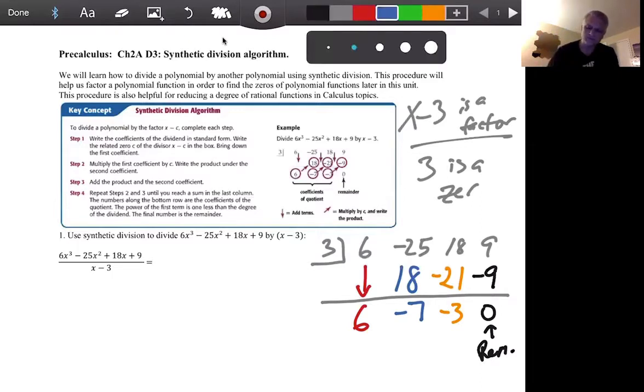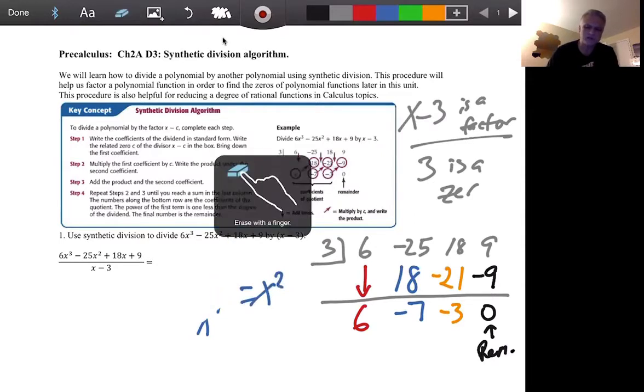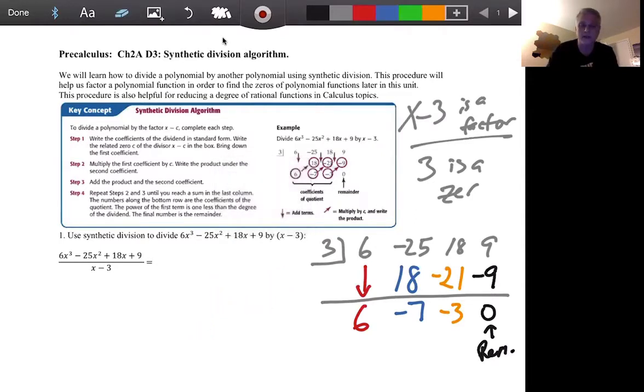So we took x cubed and we divided by x. So if you remember from Algebra 2, when you divide the same bases, you subtract top minus bottom. So your answer is going to have an x squared in it if you have x cubed and you divide by an x.